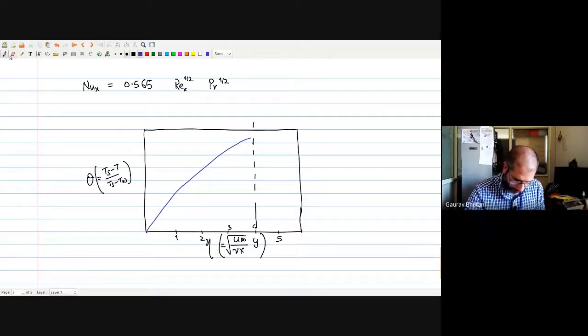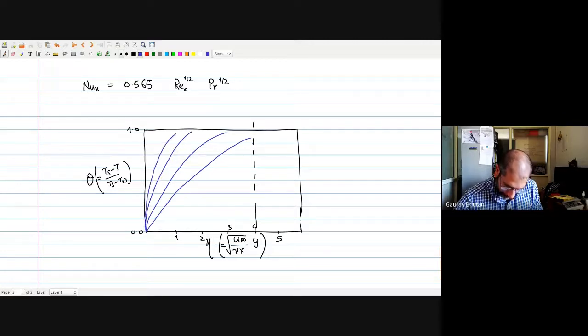This value is 1.0, so theta goes from 0 to 1. Then it gets steeper and steeper.